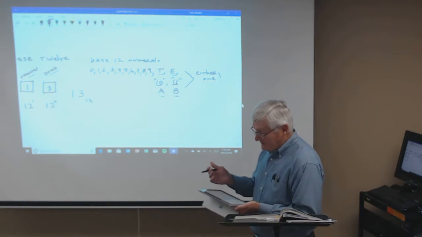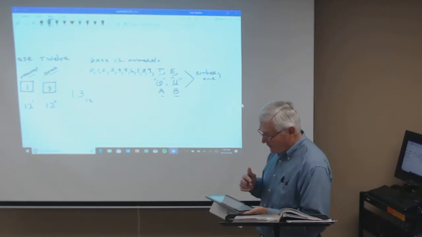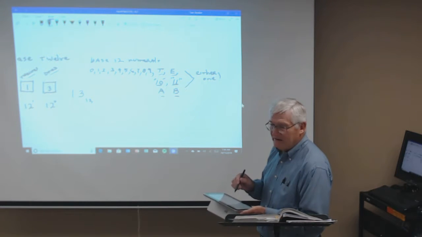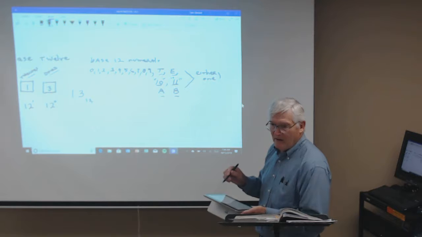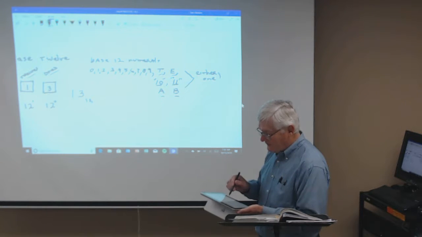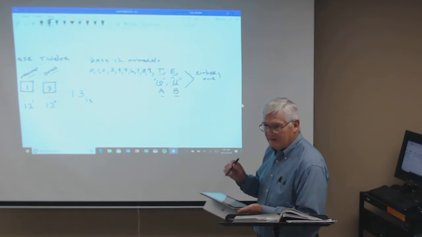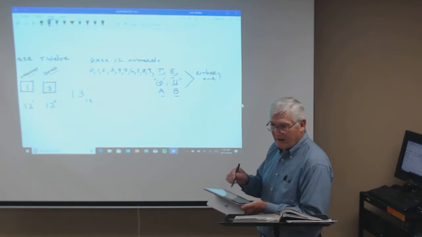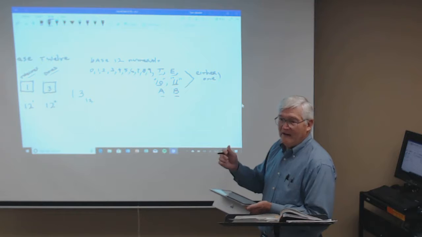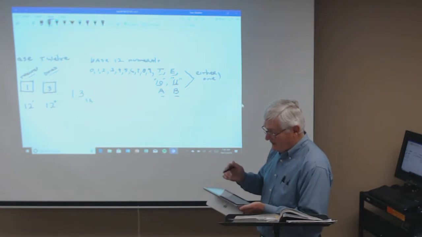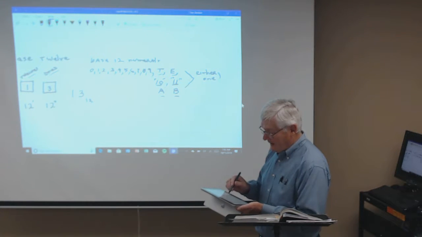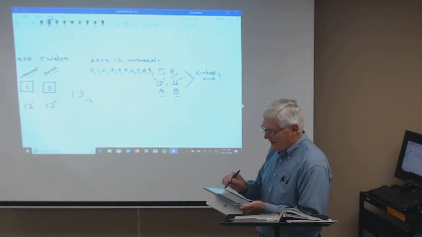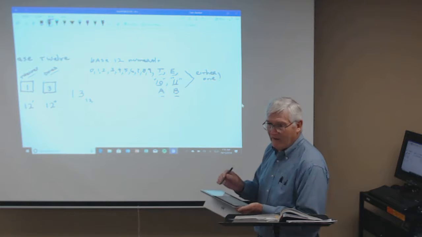And the only reason I prefer the old TE method is because when we come down here and study base 16, we're going to use A for 10 and B for 11 and C for 12 and D for 13, use letters clear up to 15. And I have found in the past that some people think, well, A and B are used for base 16. Why are you using A and B for base 12?